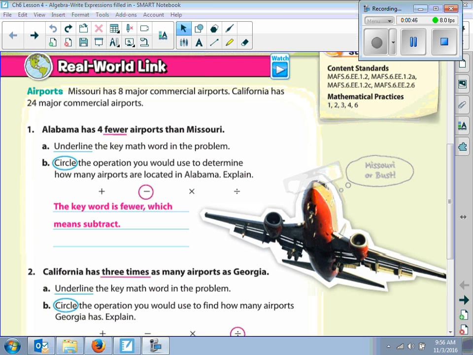Here we want to underline the key math word, and we want to circle the operation down here that we want to use to determine how many airports are located in Alabama. So, in the statement here, Alabama has 4 fewer airports than Missouri. What's the math word? Fewer. Okay? And fewer signifies that you're going to do what? Subtract. Very good.